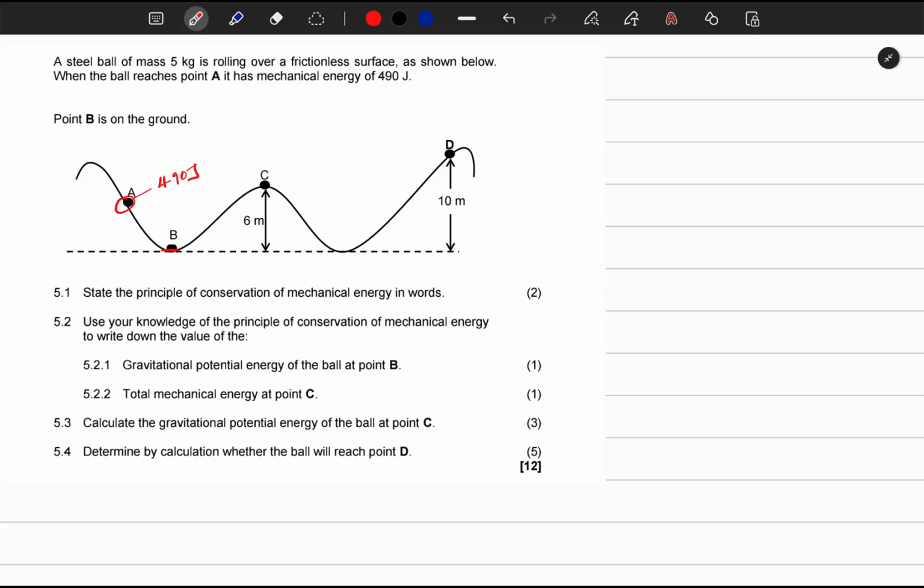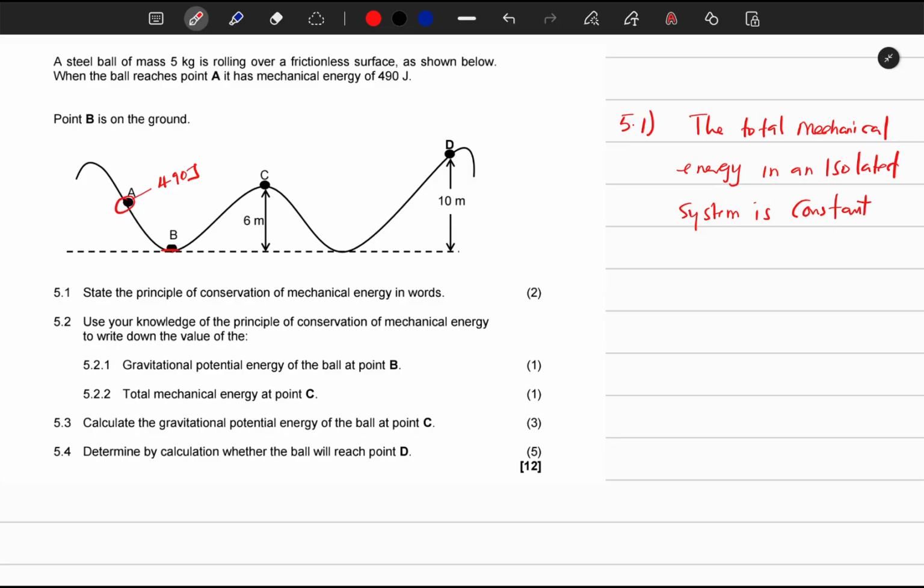State the principle of conservation of mechanical energy in words. Alright, they're even specific. They know that we can set it in numbers, but they want it in words. So how do we write it? It states that the total mechanical energy in an isolated system is constant.